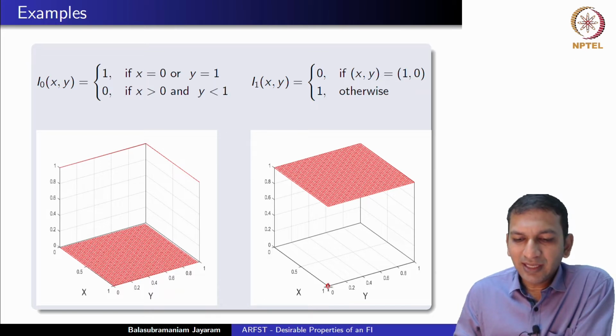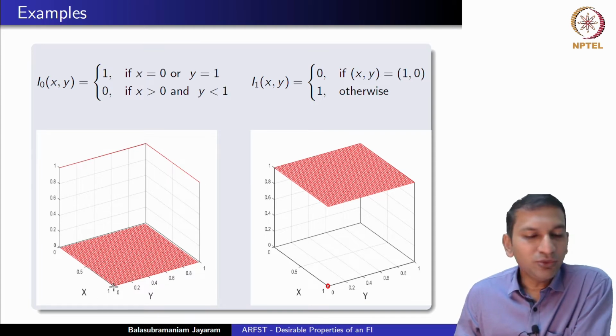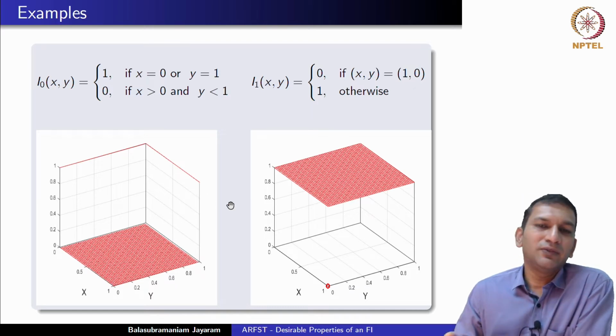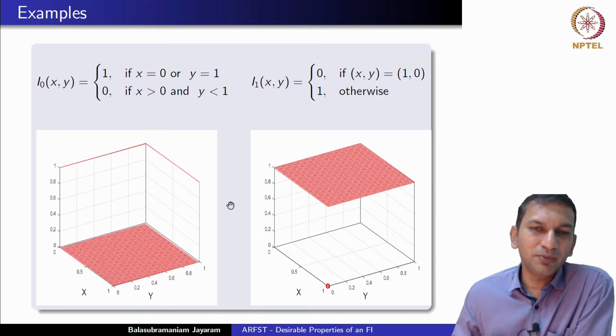That is at x equal to 1, we want that as y increases, I(1, y) should be y. That means we are looking at the right boundary. We know that the left boundary is 1 and the top boundary is 1. Now we have two more boundaries. So the neutrality property specifies what happens at the right boundary. So it says that if I(1, y) is y, then we say that the implication satisfies this neutrality property.